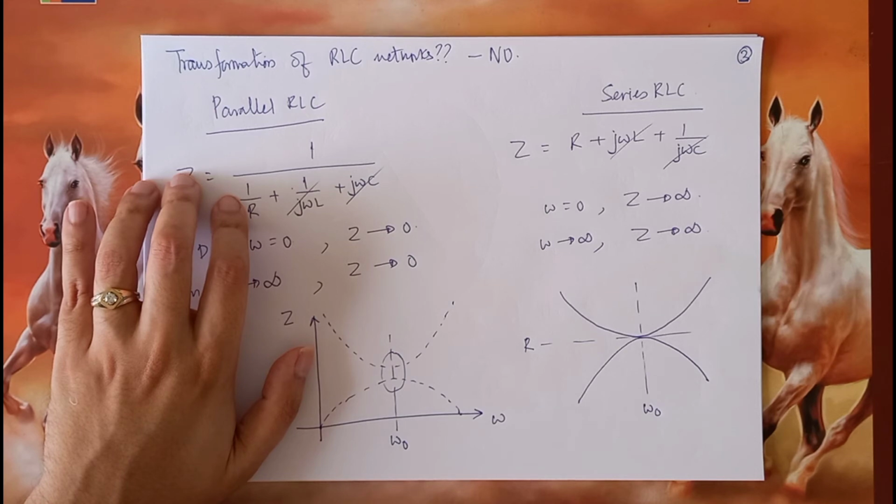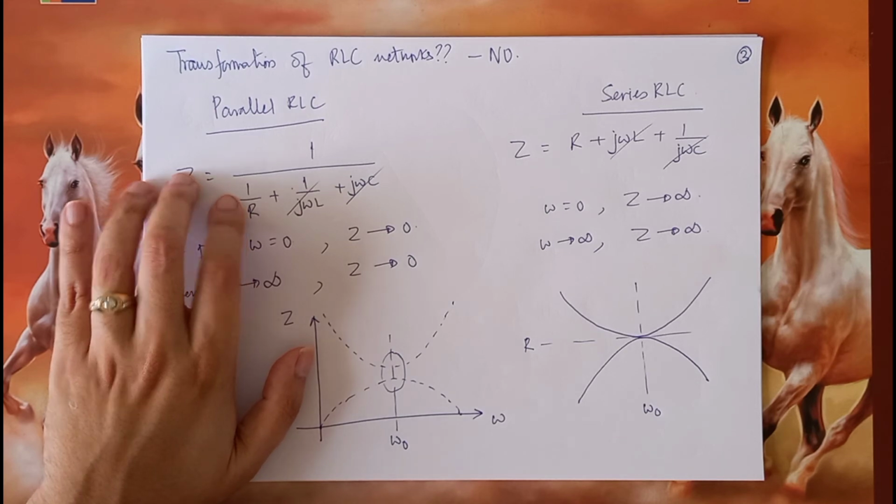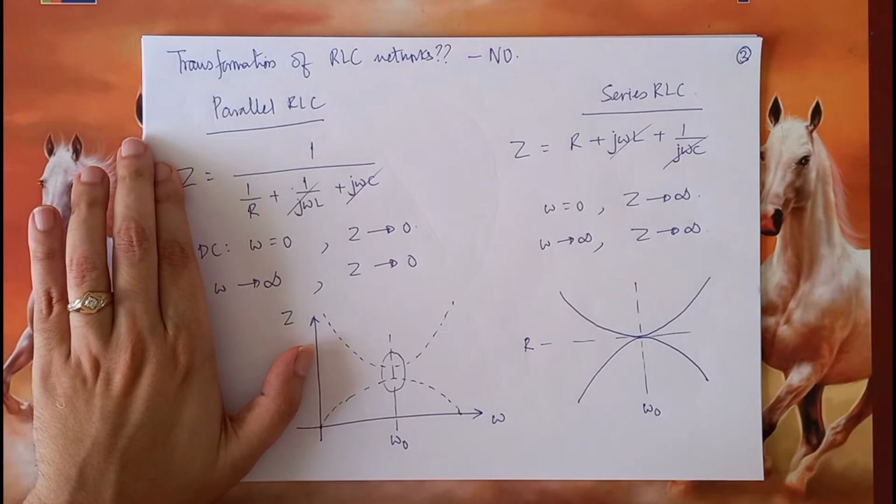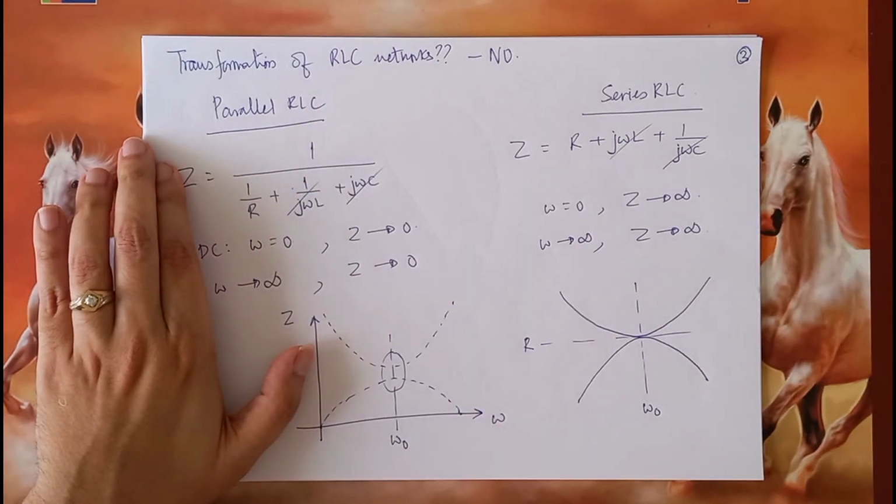However, these series and parallel networks essentially consist of three components: the R, the L and the C. So therefore, what we will do, let us look at any two at a time.